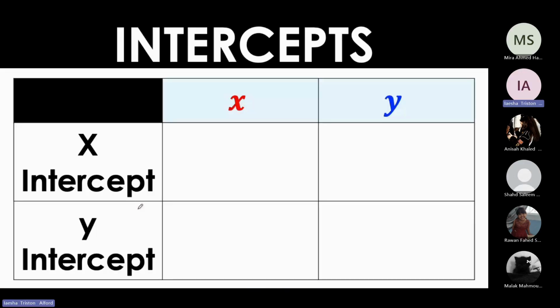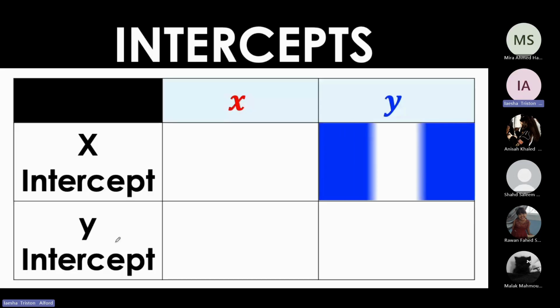Last thing about this lesson is that when you make this in your exam, the table is going to help you to remember about the x-intercept and the y-intercept. So what did you say again about x-intercept? Cross what? Cross x-axis. And y equals 0.